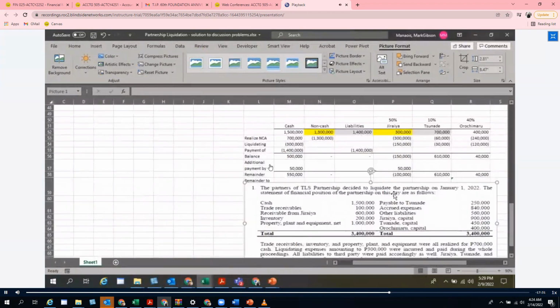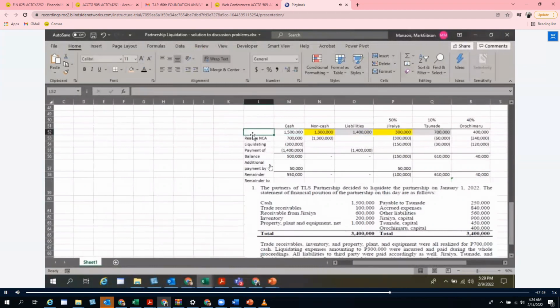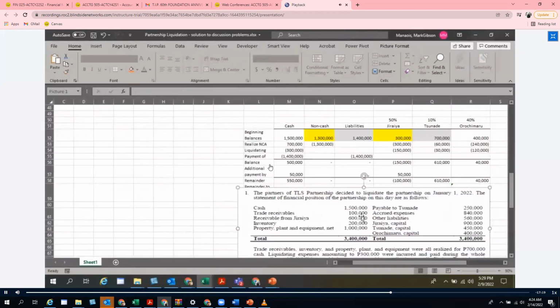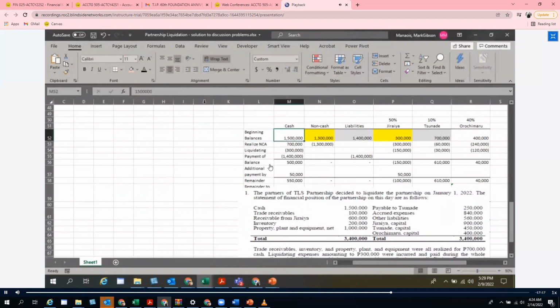Maybe because we took a 5-minute break, we forgot how we got the beginning balances. So, let's try. Beginning balances. That's 1.5 million cash. For the non-cash assets, we have 100,000 trade receivable plus 200,000 inventory plus property, plant, and equipment 100,000, for a total of 1.3 million.